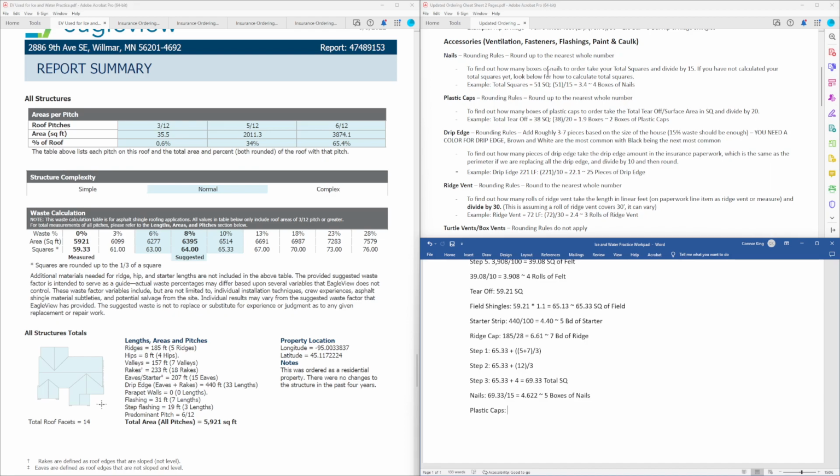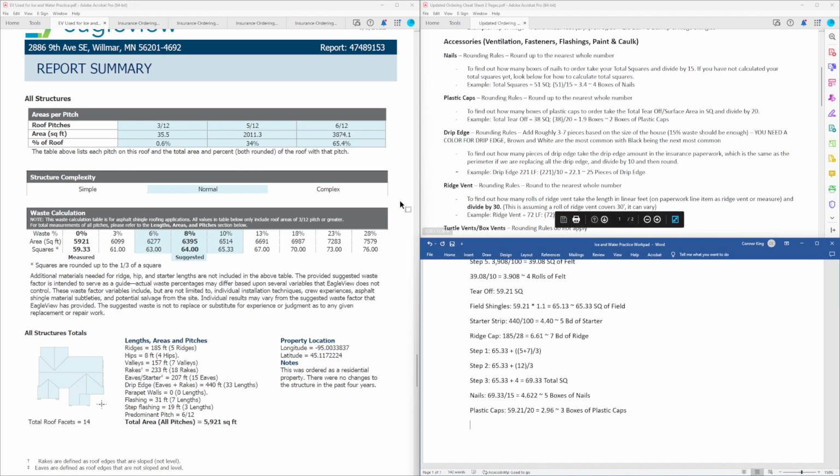That's why we need more nails, and it's ordered off the total squares versus plastic caps just being ordered off of the tear off. So we're going to take our tear off, which is 59.21, and divide by 20. That's going to get 2.96, and we are going to round that up to 3 boxes of plastic caps.